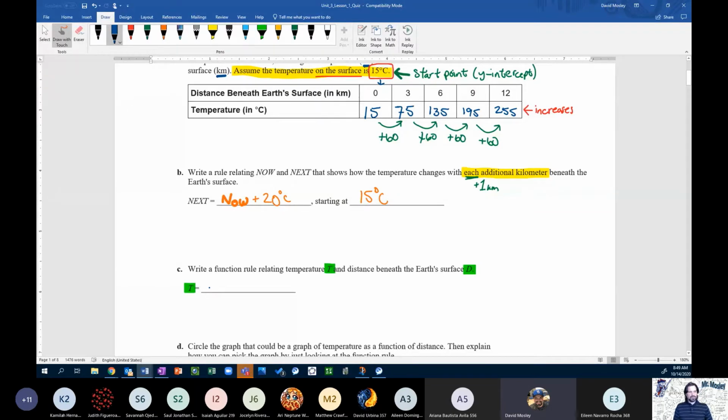So when we write this equation, we're going to have T equals 20D, because D is replacing X, plus 15.